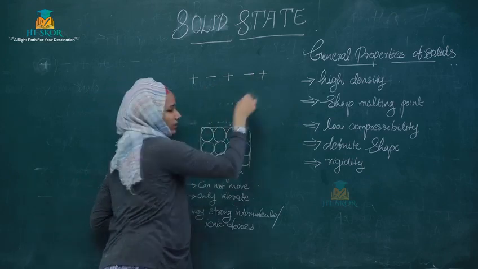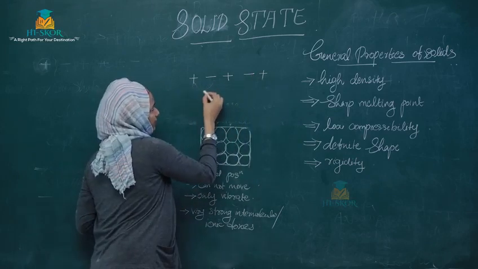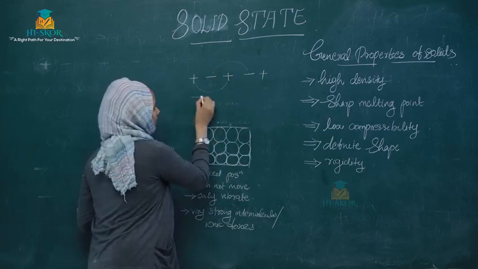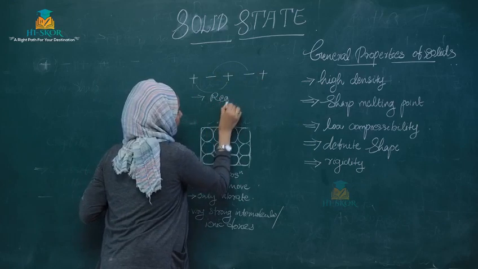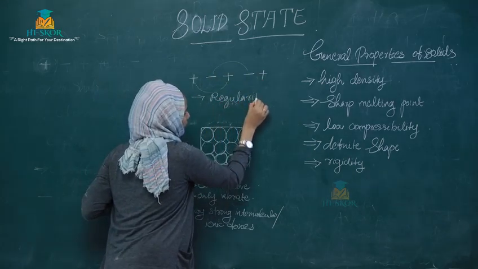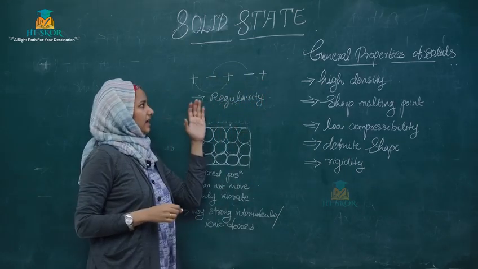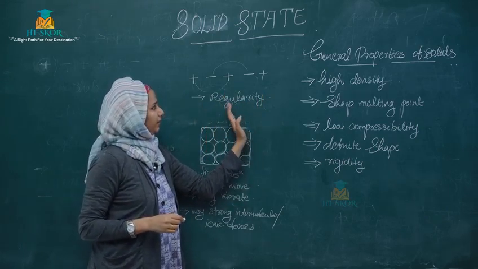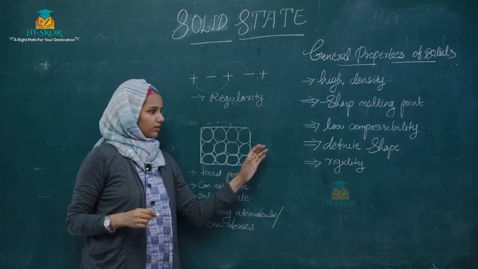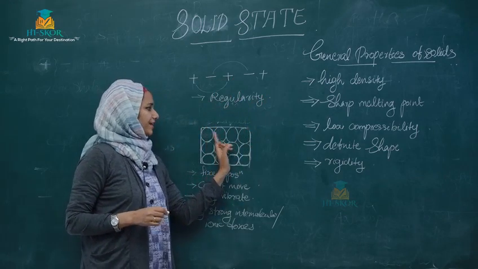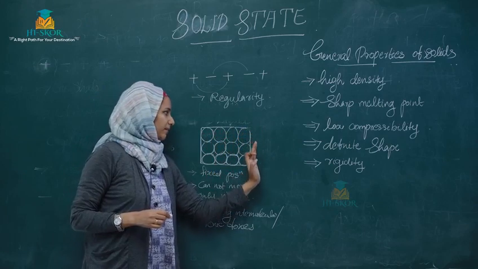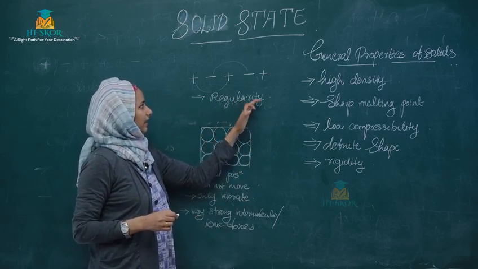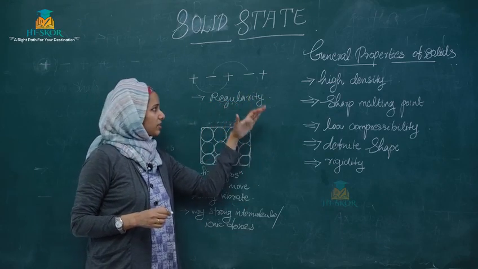So, when you closely watch this pattern, we can see that there is a regularity in this arrangement. So, we can say that solids are regular in their arrangement. So, how will you define solid? They are very closely packed, minimum kinetic energy, regular arrangement. Such substances are called solids.